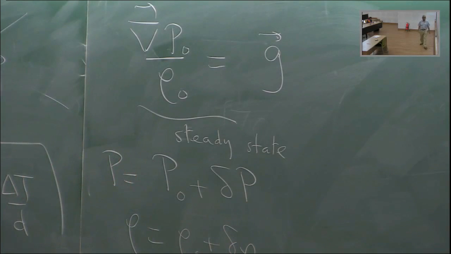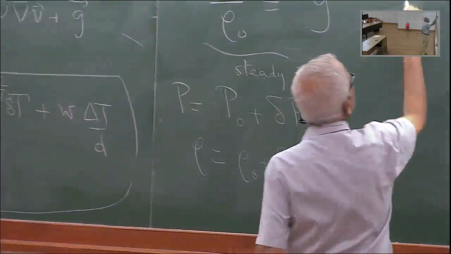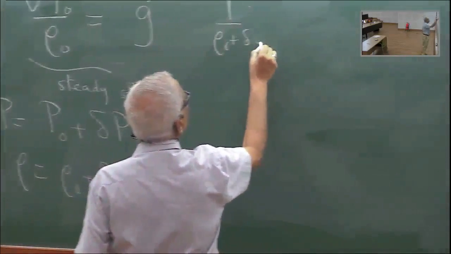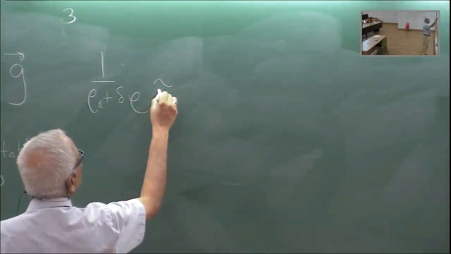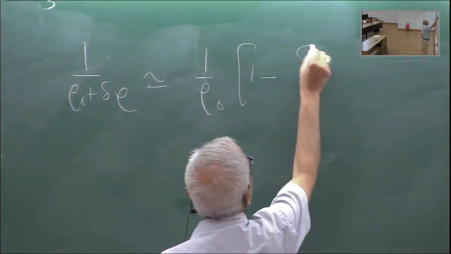Now do the following steps. Substitute this in over here, and 1 over rho 0 plus delta rho is very nearly equal to 1 over rho 0 minus delta rho over rho 0 squared.